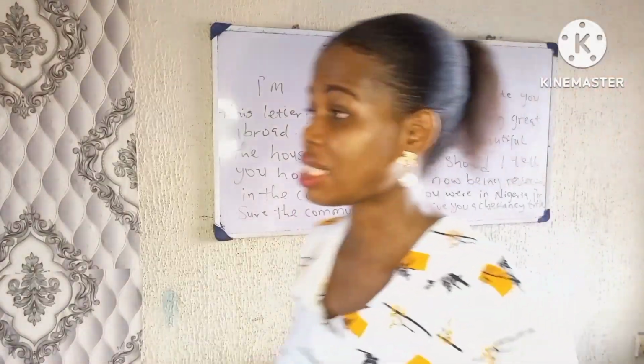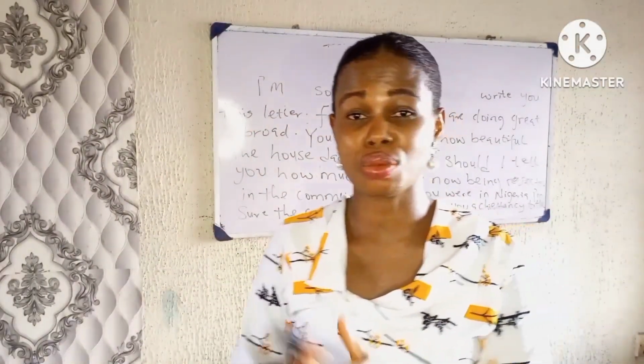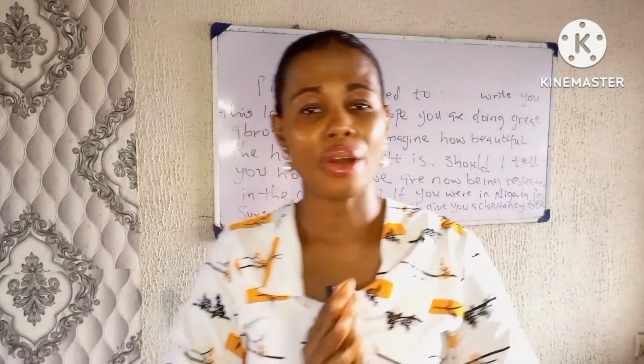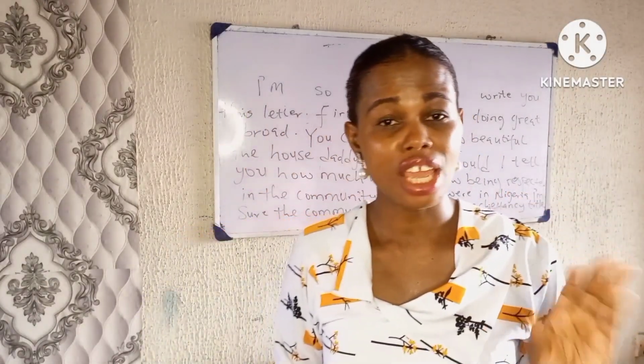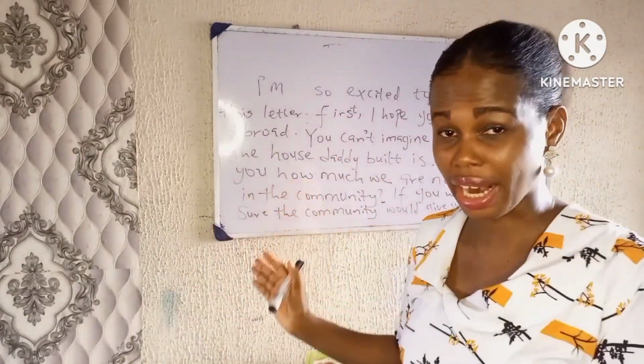Now after you've written the introductory paragraph of the letter, what's next? The next thing you should do is to write the body of the letter. A standard WAEC letter should have 5 paragraphs. The first paragraph is the introductory paragraph.